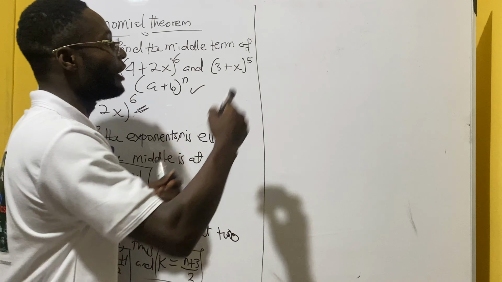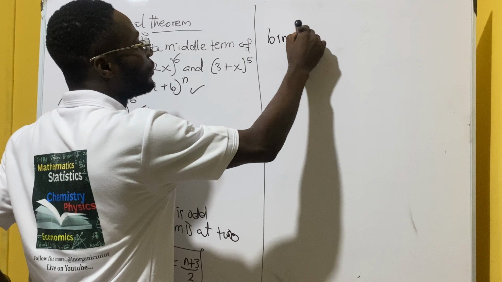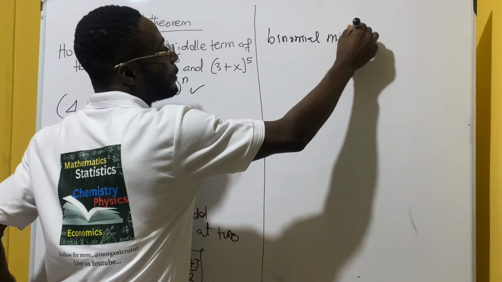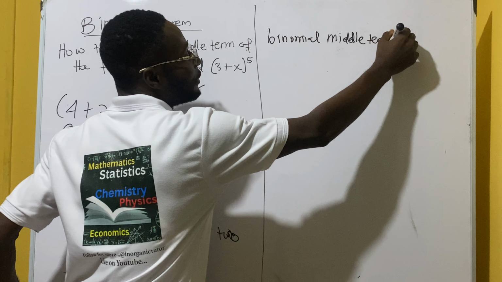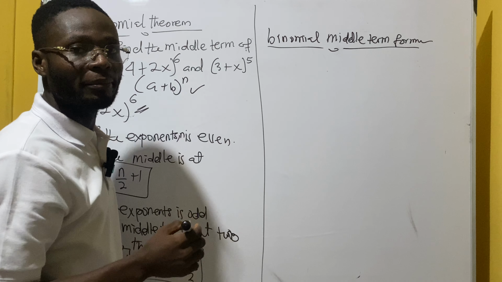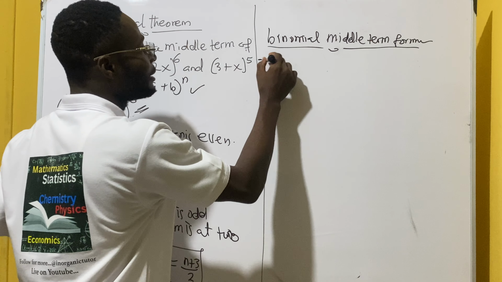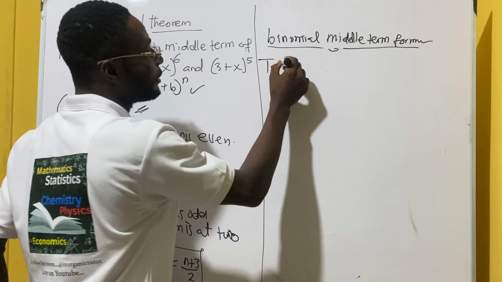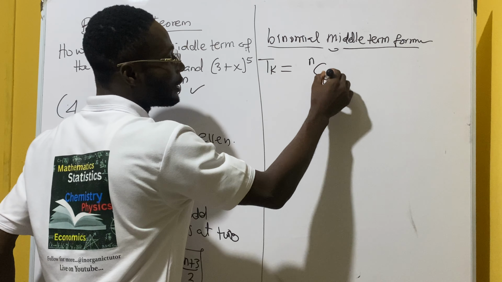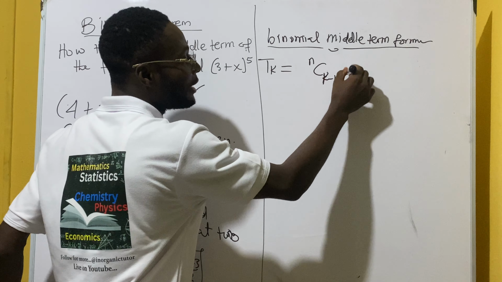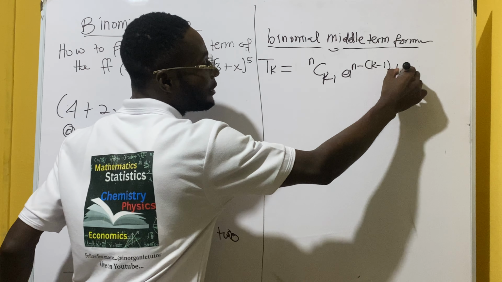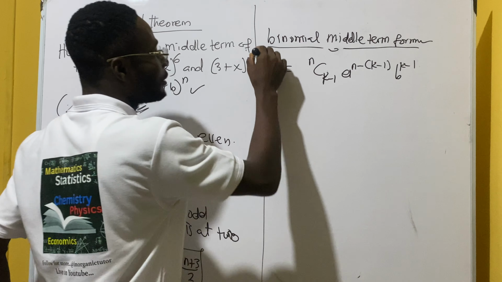Now let's move to the binomial middle term formula. The binomial middle term formula is given by T subscript k equals n combination (k minus 1), then a exponent (n minus (k minus 1)), then b exponent (k minus 1).